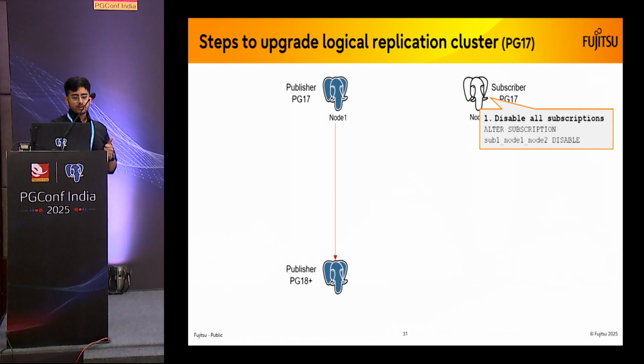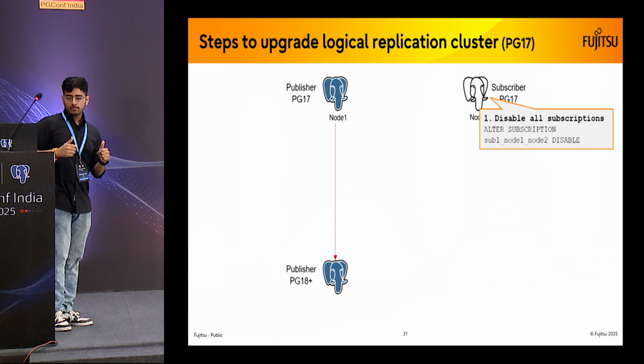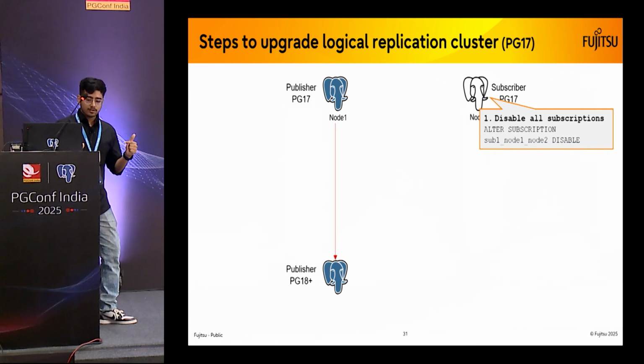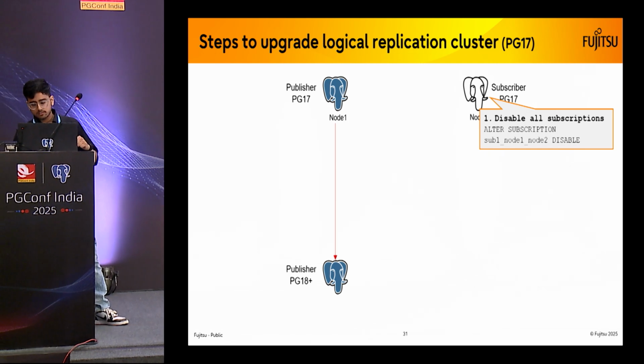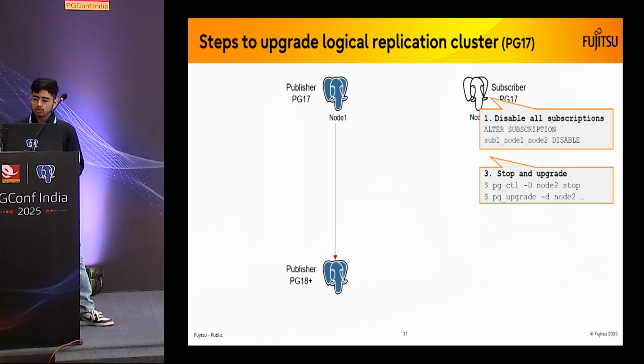After the upgrade, since logical replication slots are migrated from PG17, we don't need to recreate the replication slots in the upgraded instance, and we just stop and upgrade node 2.